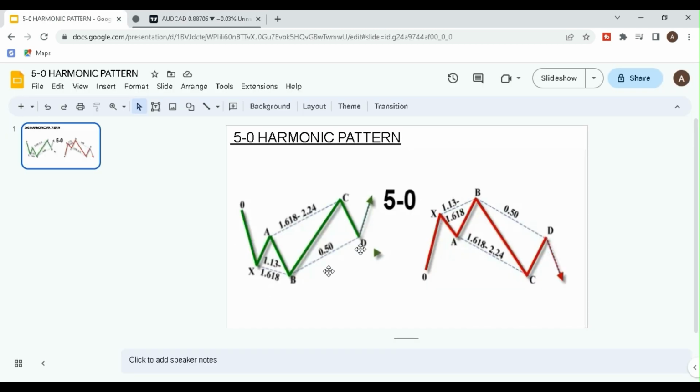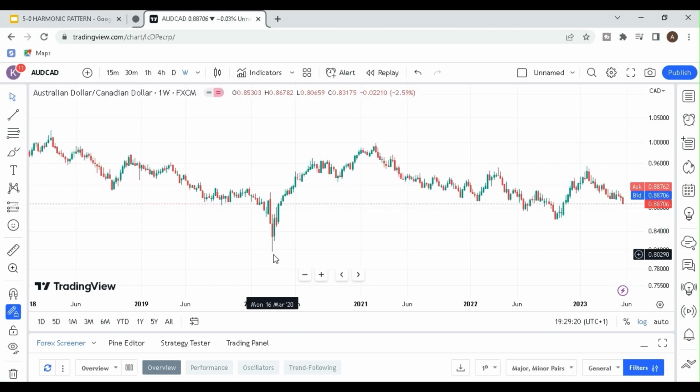So this is the 5-0 harmonic pattern, this is the bullish type, and this is the bearish type. So when looking at this bearish type, let us focus our attention on this bearish pattern. And from here, let's assume for now, it's an assumption, that this is our point O. Let's letter it.